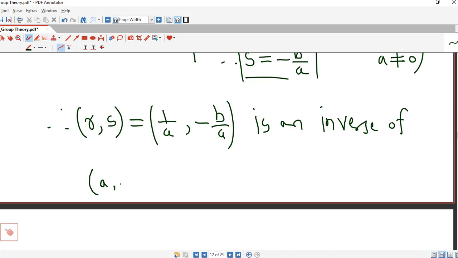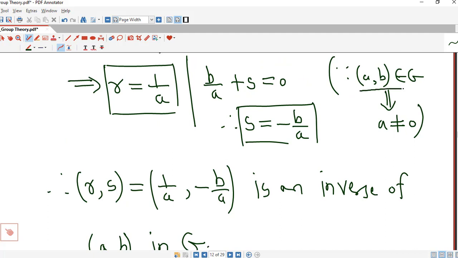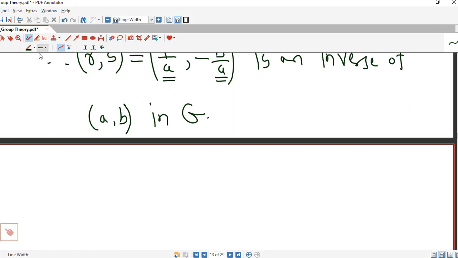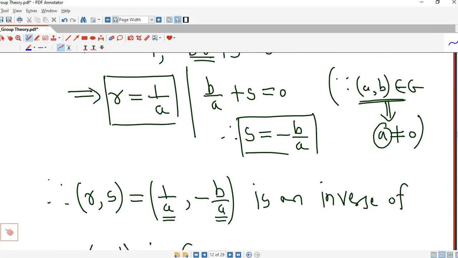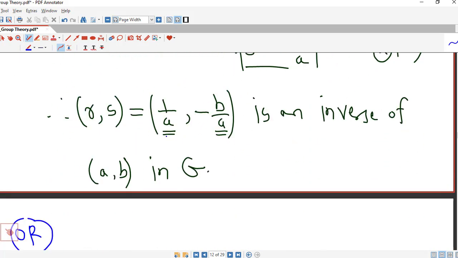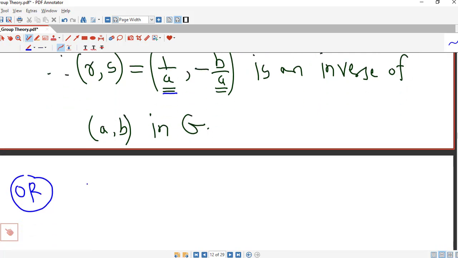Because (A,B) is an element of G, A is non-zero, so this is meaningful. We can divide by A. Or another way of writing this is, first we can find out by this procedure which candidate will be an inverse. So here we find that (1 by A, minus B by A) is an inverse.